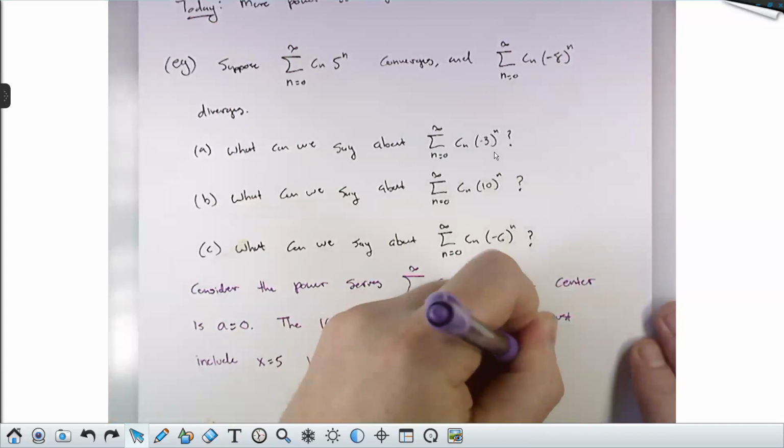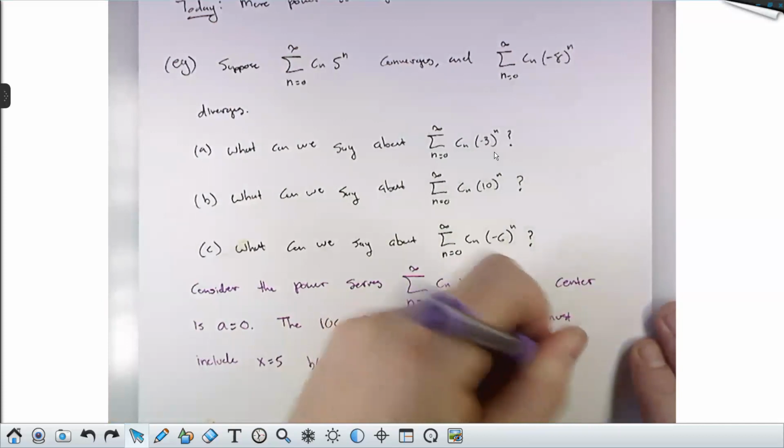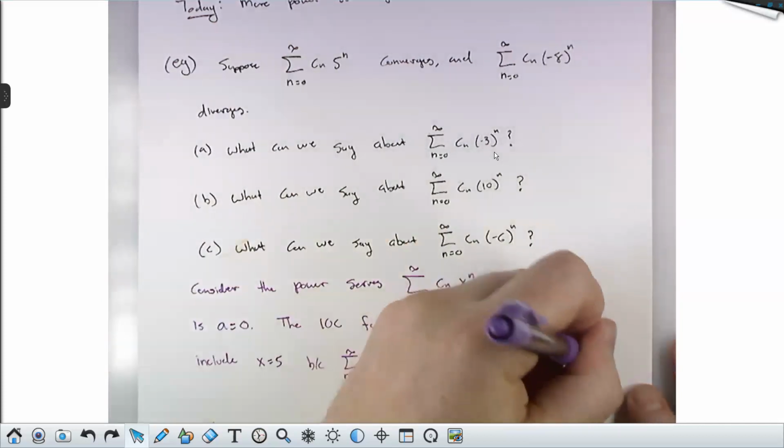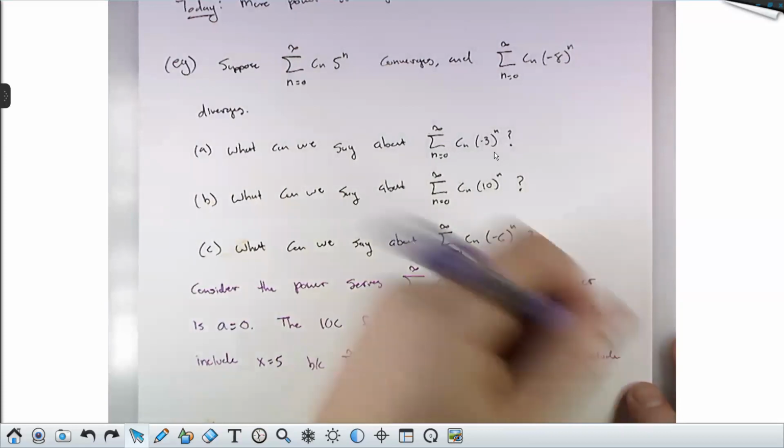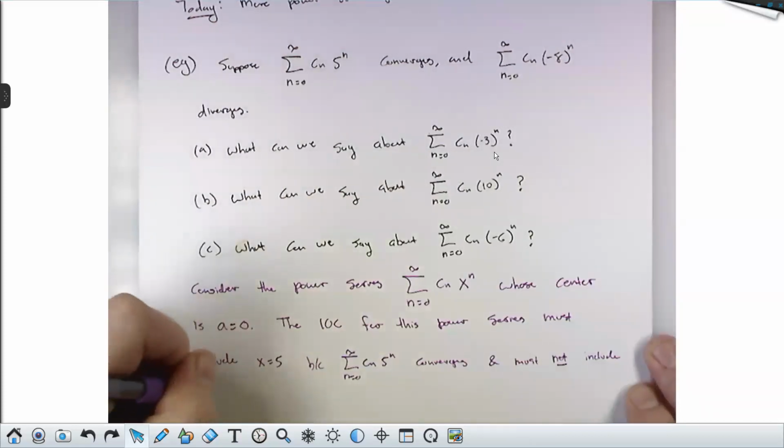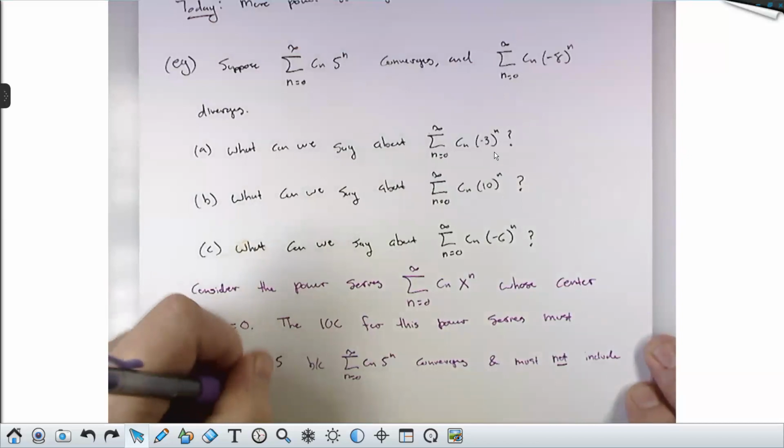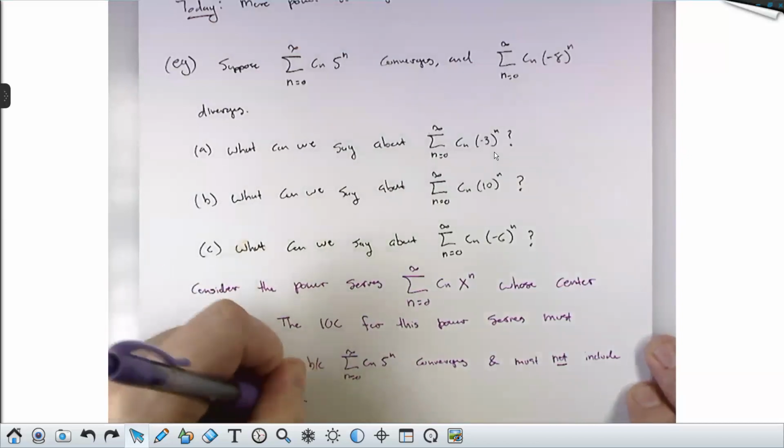And must not include x equals -8, because that other series diverges.